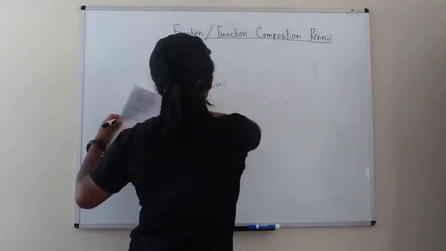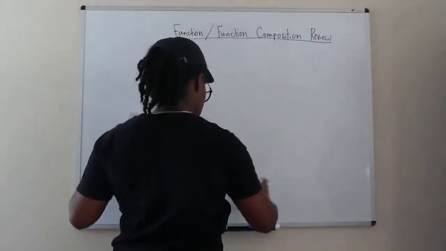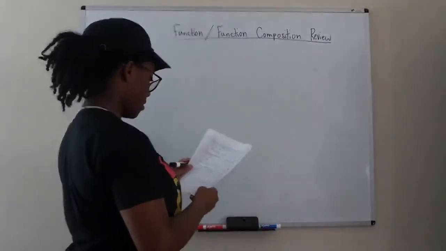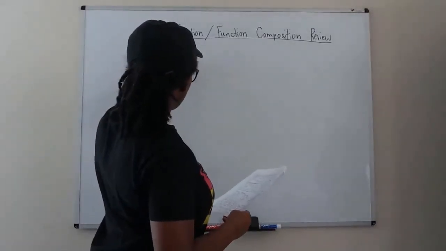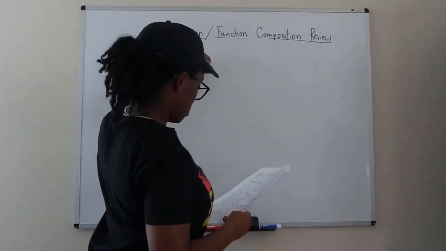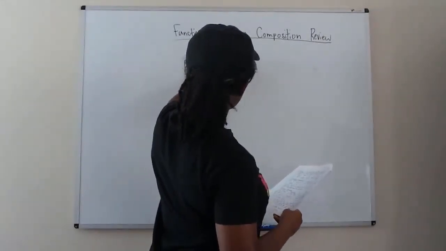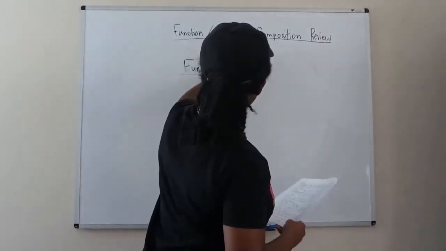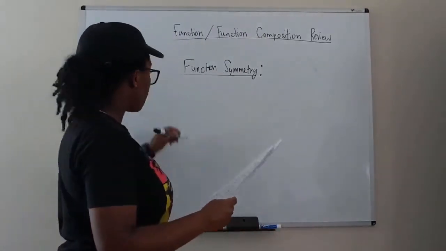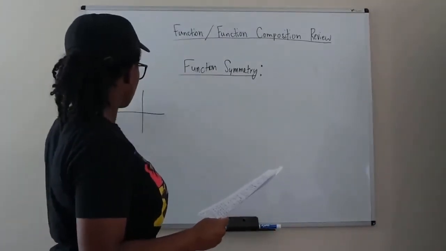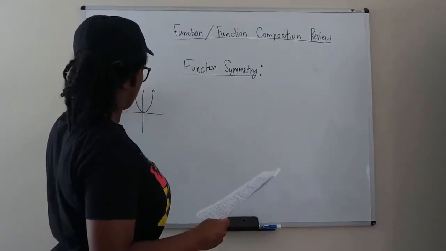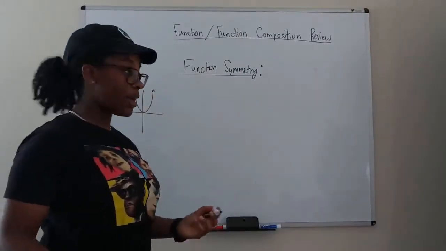Next we're going to cover function symmetry. So there are 4 types of symmetry. I'm going to illustrate them on the board. Okay, so first one is symmetry around the y-axis.